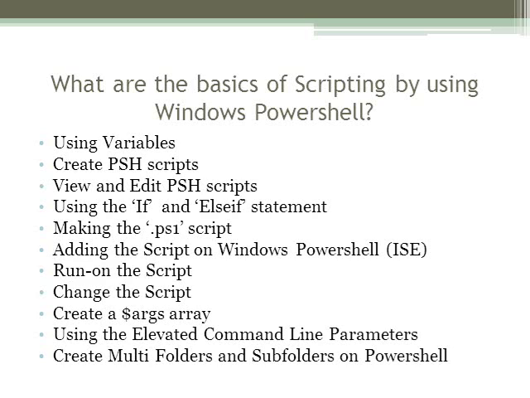Now we're going to add in the script on Windows PowerShell ISE, and then we can run the script. We're going to change the script and create the variable, which is the args array, and then we are going to use the elevated command line parameters.